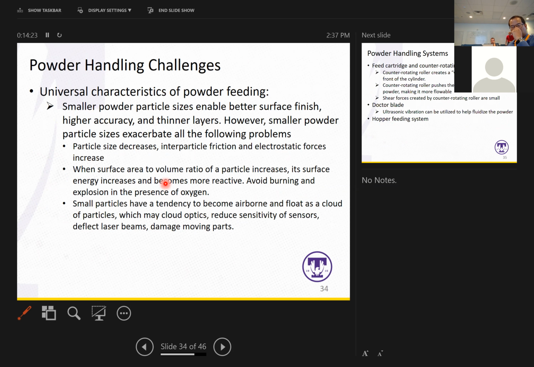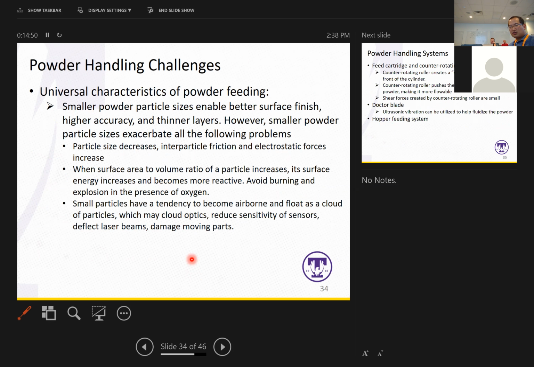If the size decreases, the interparticle friction and electrostatic force could increase. When the surface area to volume ratio of a particle increases, its surface energy increases and it becomes more reactive, risking burning and explosion in the presence of oxygen.